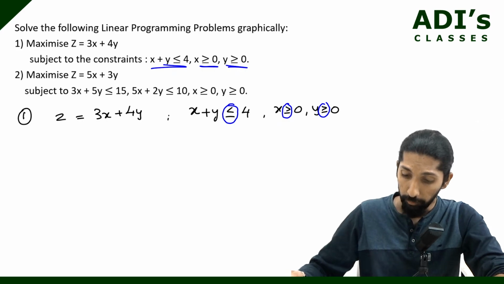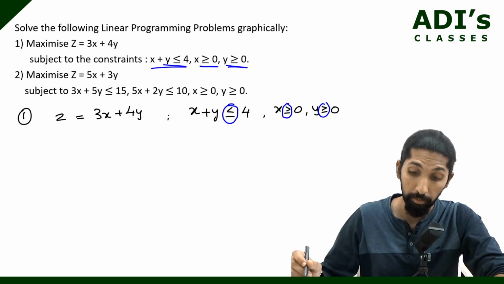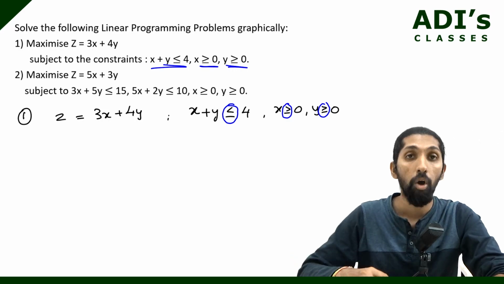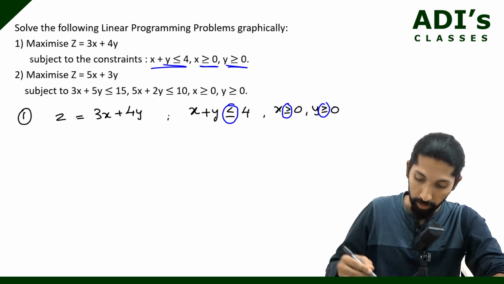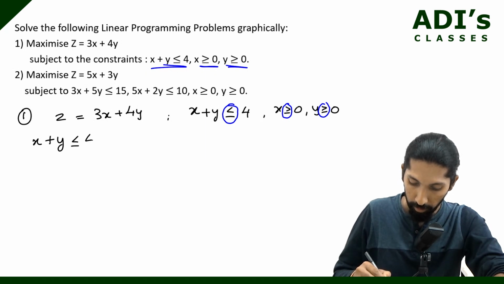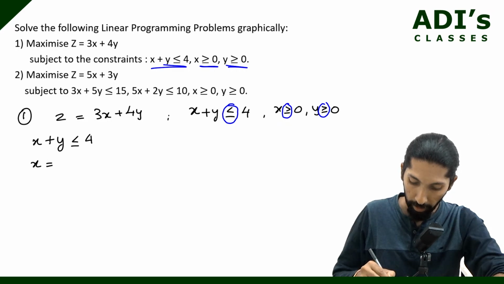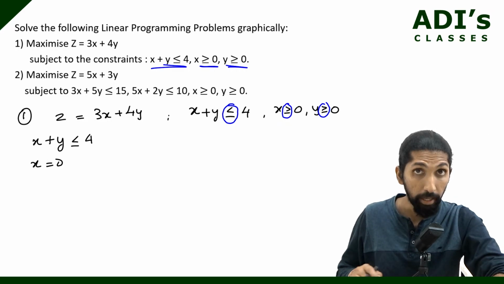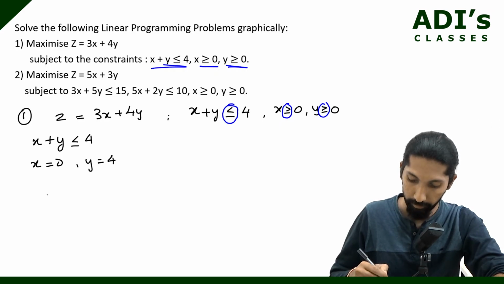Alright. First, let's try to figure out how to plot it, because they're saying, solve it or show it graphically, right? Now, look at the first function. You have x plus y less than or equal to 4, right? What if you take x as 0? If you take x as 0, then y is equal to 4, correct?